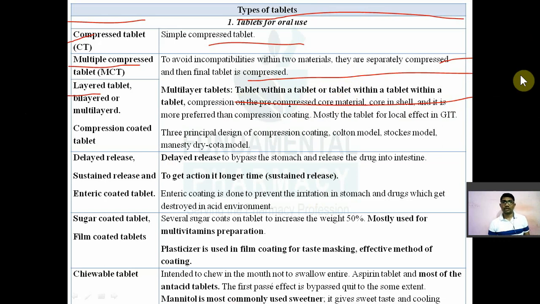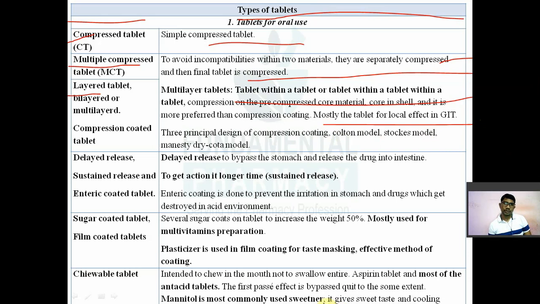So tablet within a tablet is known as a multi-layer tablet. Okay, so compression of a pre-compressed core material, a core in a shell, is more preferred in compression coating. So sometimes this multiple compression is also used for the coating of tablets, mostly tablets for local effect in the GIT.